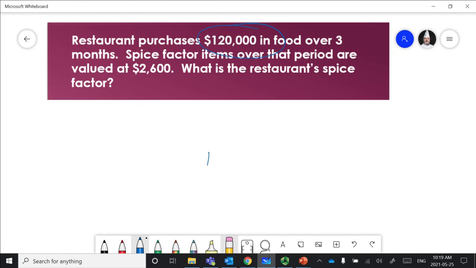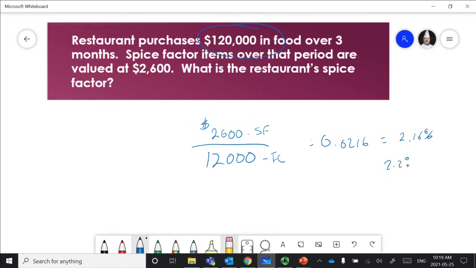We spent $120,000 on our food purchases. Out of that $120,000, we spent $2,600 on spice factor. This is food cost, right? So we divide that out, and we're going to get 0.0216 or 2.16%, right? You could round that to 2.2%.